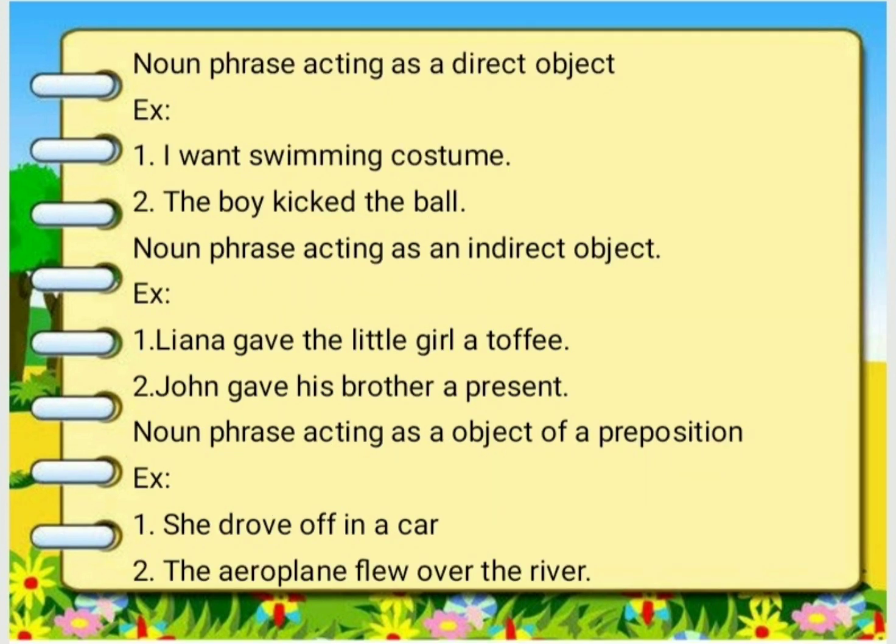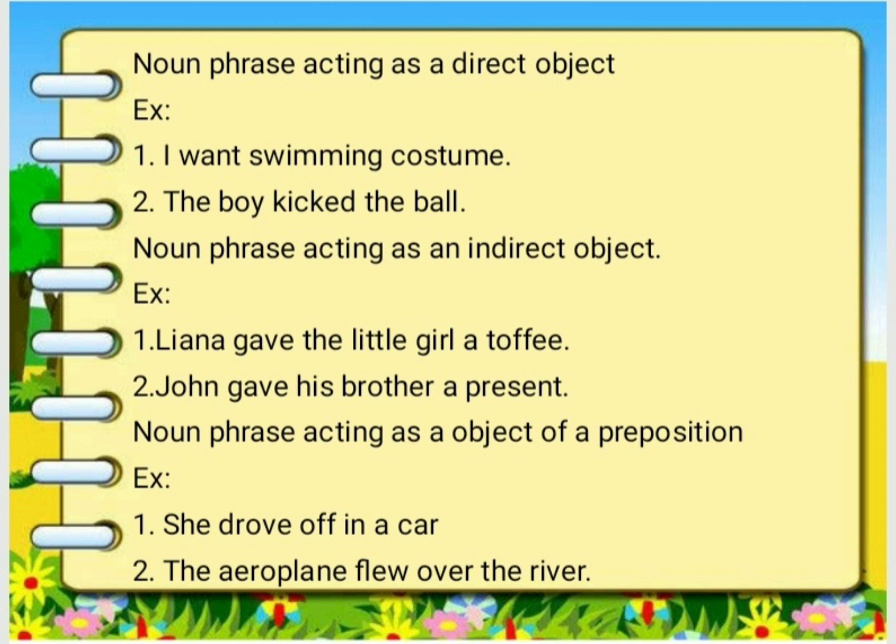So let's proceed to the noun phrase acting as a direct object. Example number 1, I want swimming costume. Number 2, the boy kicked the ball. In the number 1 example, our noun phrase is swimming costume.